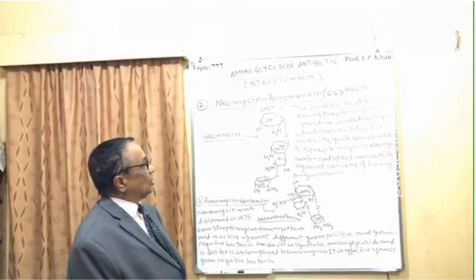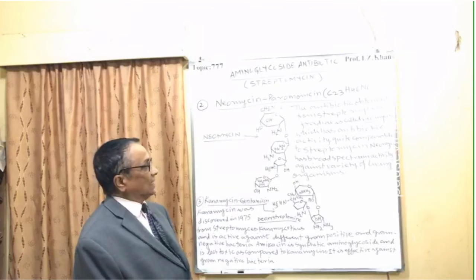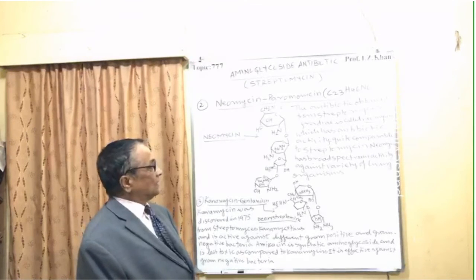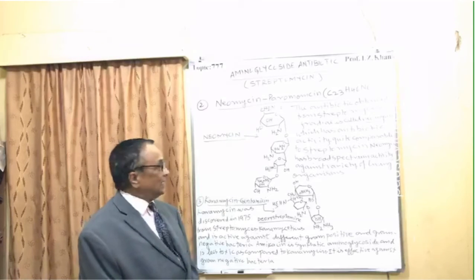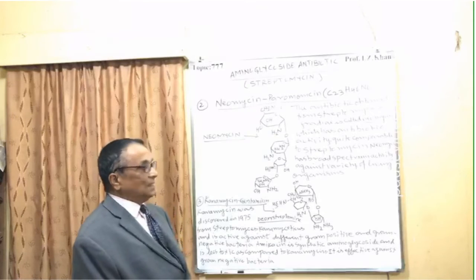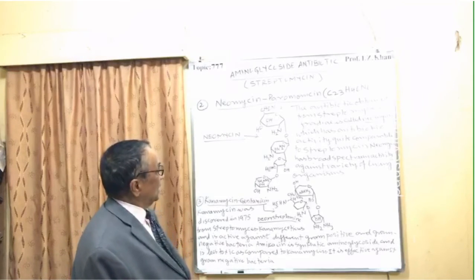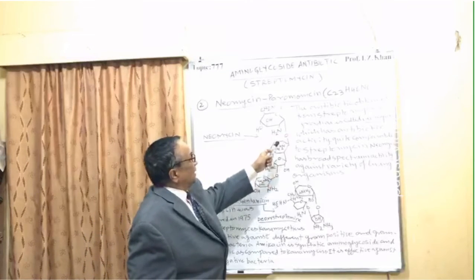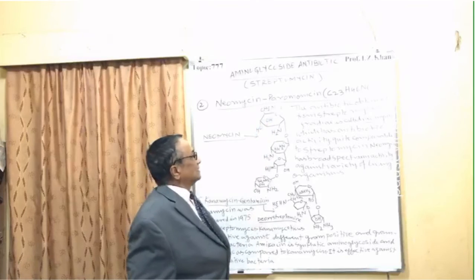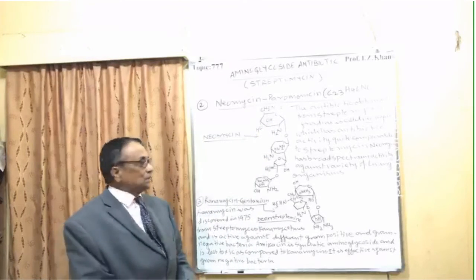The antibiotic obtained from Streptomyces fradiae is called neomycin, which has antibiotic activity quite comparable to streptomycin, and neomycin has broad spectrum activity against a variety of organisms, and it has a furan ring, and these are all pyranose rings of hexose.